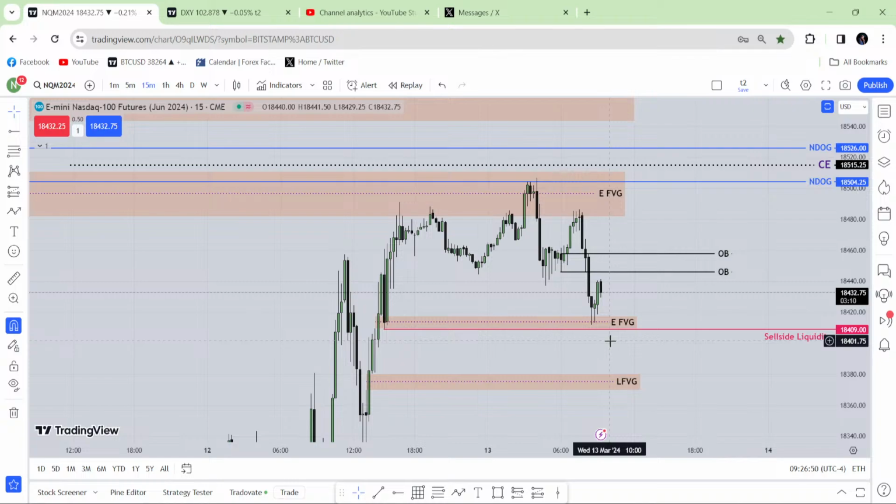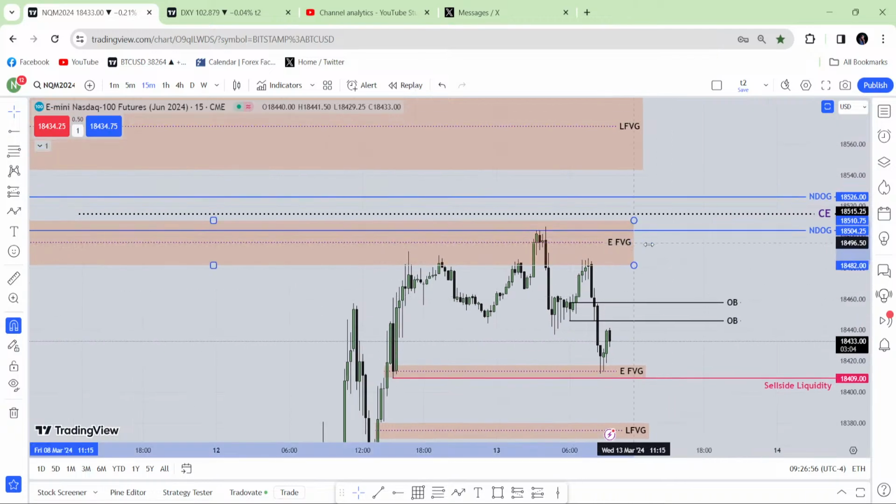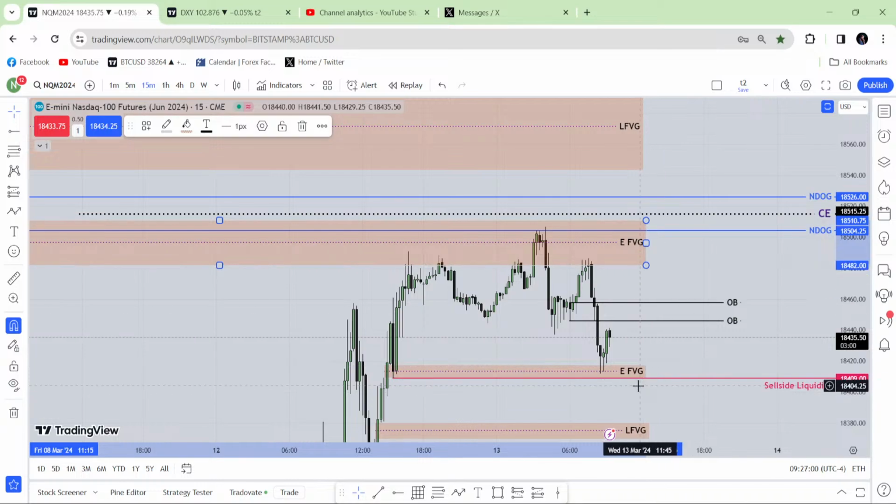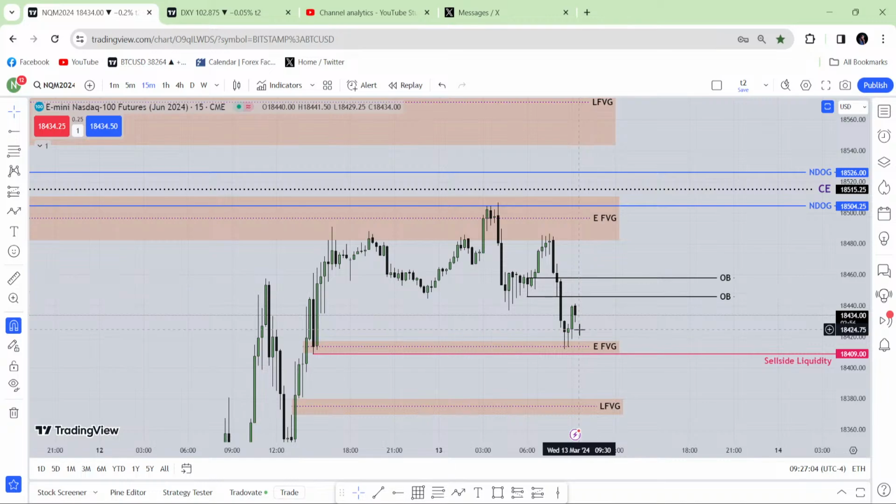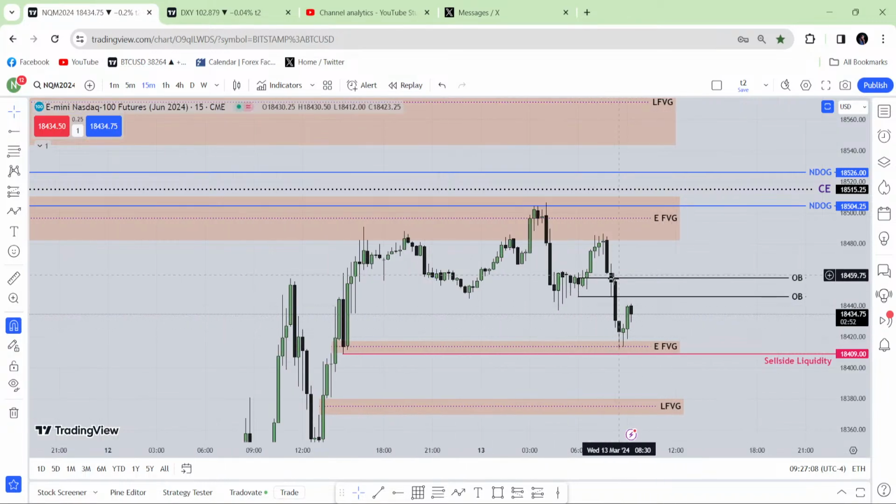If this is broken, you will look for a sell. If it is not broken, you will wait until this is broken. When any of these is broken, you will frame your trade. Simple thing, man. The market is spending some time here because of the 9:30 open. So around 9:30, we will decide how to do our trading, or how to frame our trade.